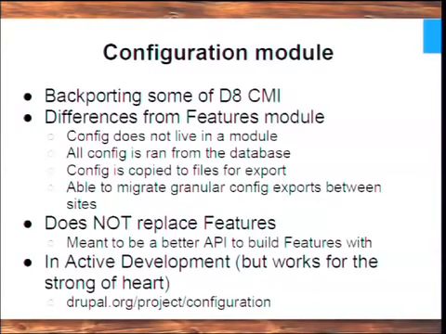It's just a bundle of configuration for your site. What we do allow you to do, which is slightly different from D8 right now, is say what you can track and not track, because we don't really have a good way to do that in D7. In D8, they're solving this in different ways. That allows us to say, well, this piece of configuration is different between my dev, staging, and prod. I don't want to track it and move it back and forth. I'm just going to leave it as is, and track everything else and move it between my staging and prod.